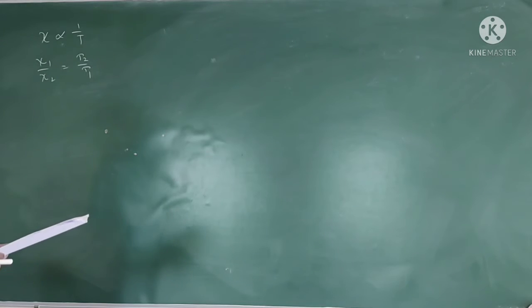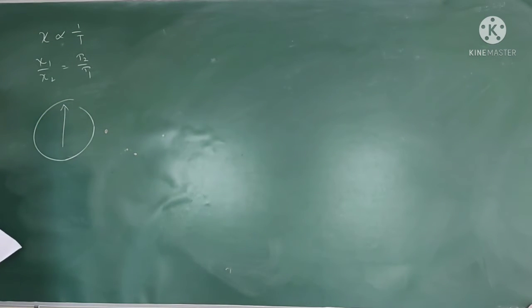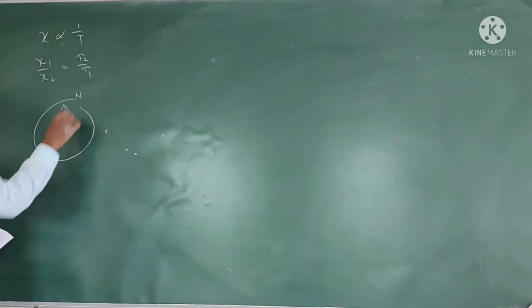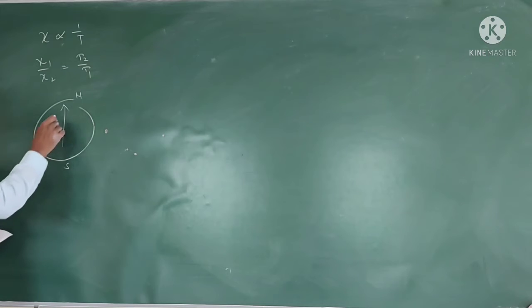A bar magnet is placed north-south with the north pole due north. The point of zero magnetic field will be in which direction from the center of the magnet? It will be in the east-west direction. The magnet is placed north-south with the north pole due north.